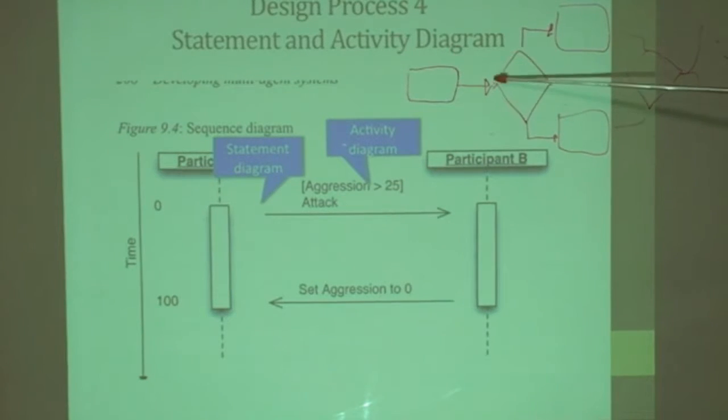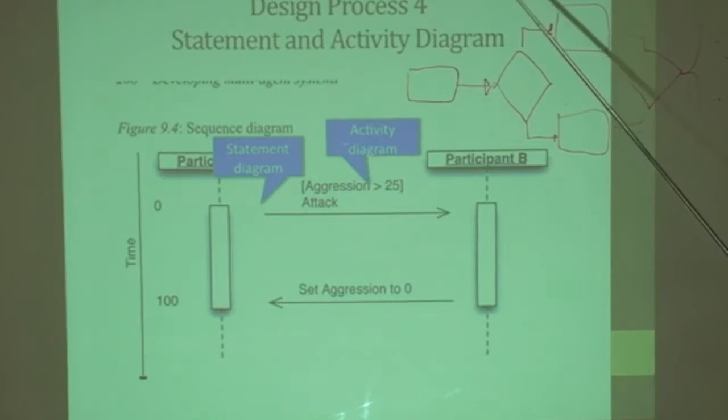So here is a decision, so this part is separated into two parts, states. So this is useful to add dynamics.